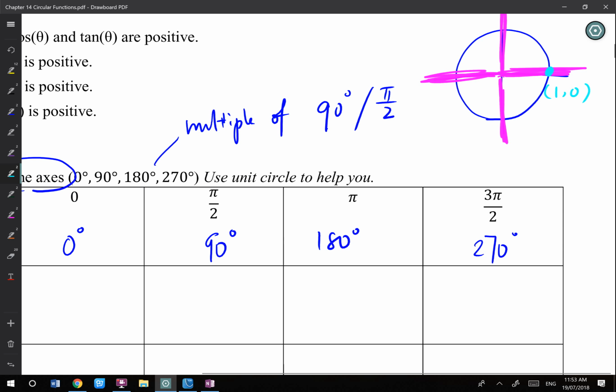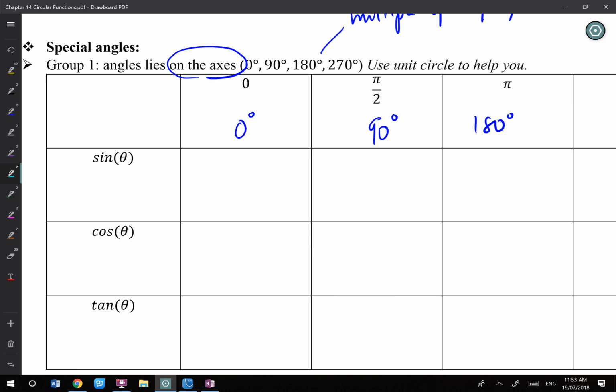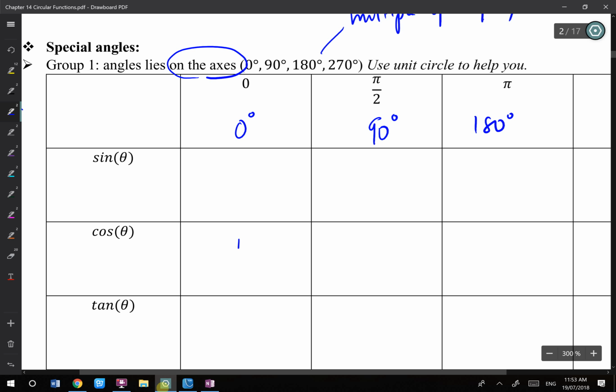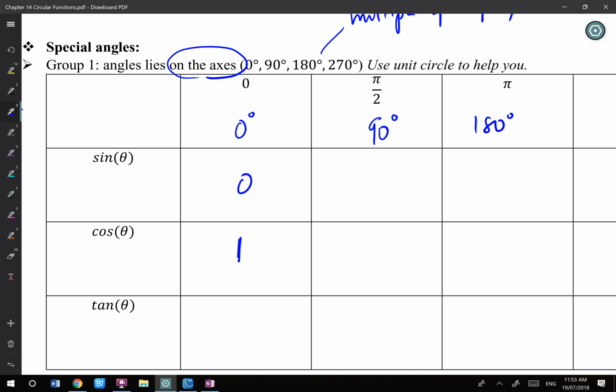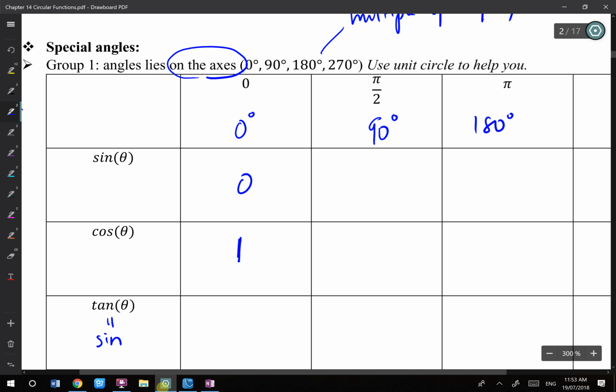Cos, and y represents sine. So now you know that the cos value will be 1 and the sine value will be 0. So sine divided by cos gives you 0 over 1, so you have 0 tangent.